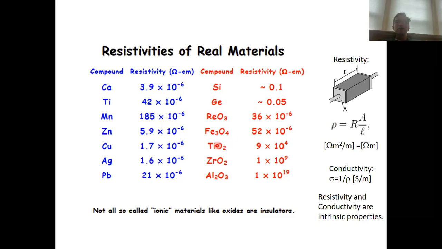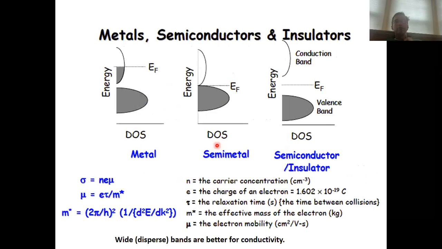What's really deciding is the band structure, and whether you have a half or a partially filled valence band without a band gap, or whether you have a band gap between the valence band and the conduction band. Now this is illustrated schematically here.